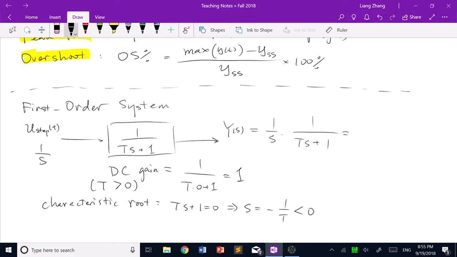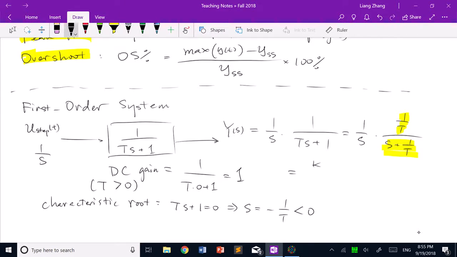So let's now continue. Apparently this can be rewritten, since we want it to look a little nicer. We divide by T on both sides of my transfer function: the numerator becomes 1 divided by T, and the denominator becomes s plus 1 over T. This is the numerator, 1 over T. And now it's the natural form where we can apply our partial fraction expansion method, or the cover-up method, if you will.